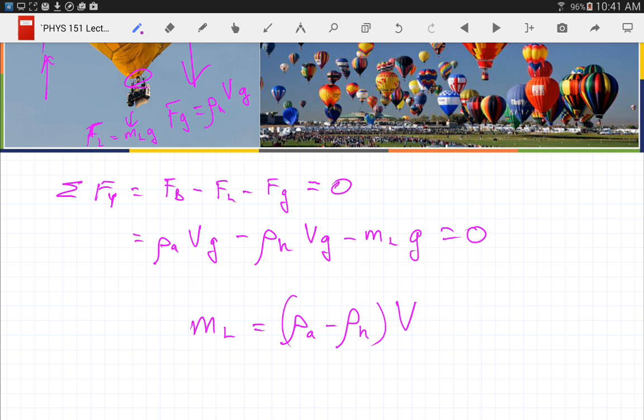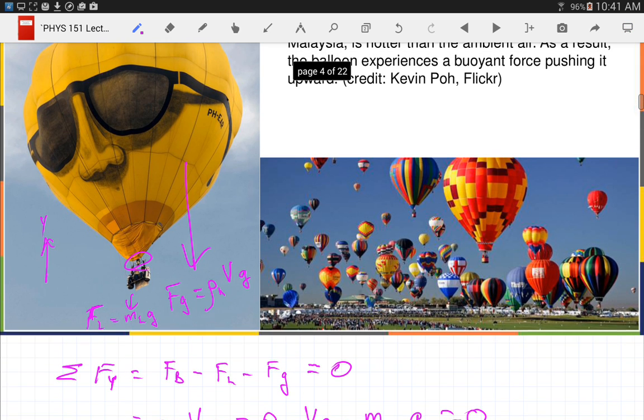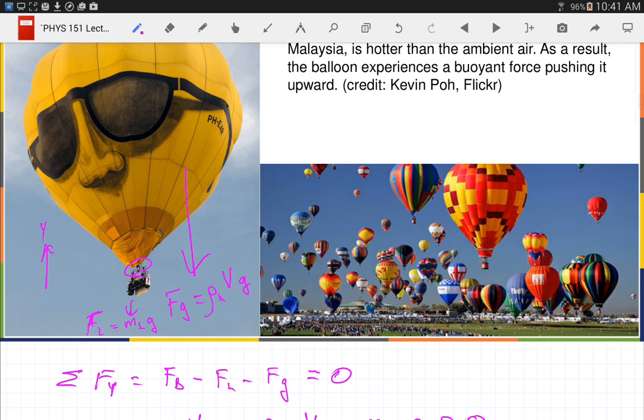Now, something else that I didn't point out that is good to think about. What is the pressure of the air at the bottom of the hot air balloon? 1 atmosphere. It's open to the atmosphere, so it's atmospheric pressure. As you go up inside, what's happening to the pressure? It's going to decrease, but by a very small amount because the density of the air is really small.